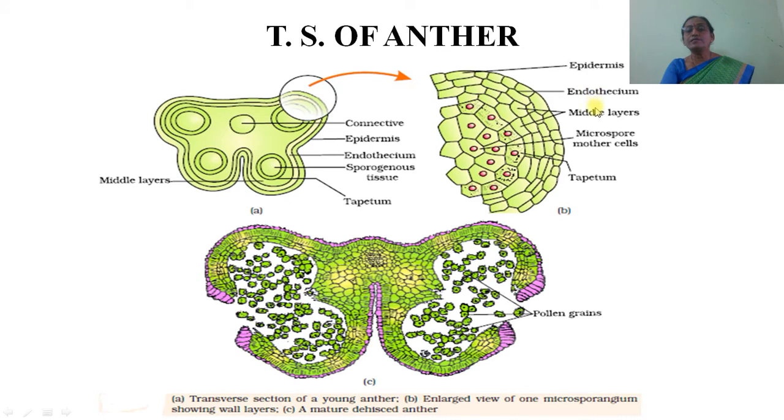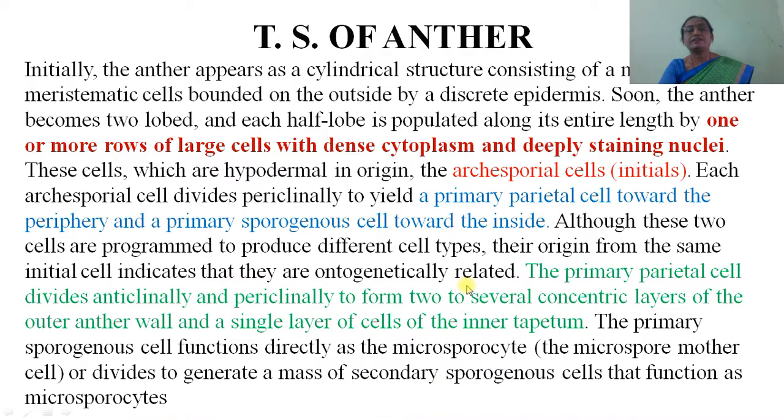Below endothecium there are 1 or 2 middle layers, and inside the middle layers there is tapetum, and tapetum encloses the sporogenous tissue, which is made up of microspore mother cells. This is the diagram showing pollen grains in a mature anther, in which pollen grains are ready to be released.